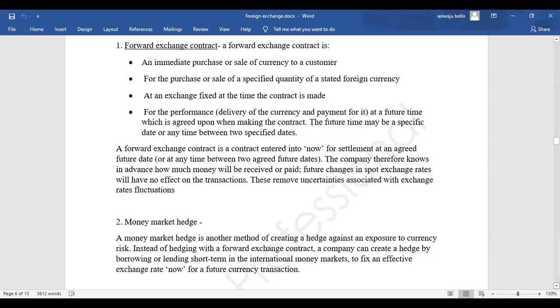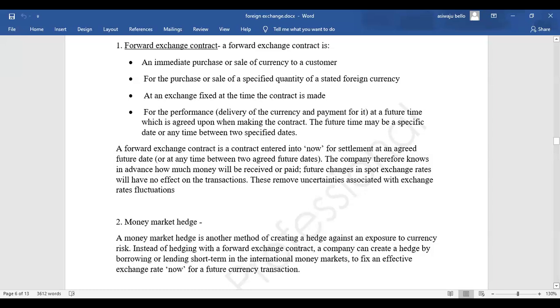Please note, the forward contracts, the money market hedging, they are binding hedging instruments. Once you hedge, you know the interest rates you are going to use for the future transaction.